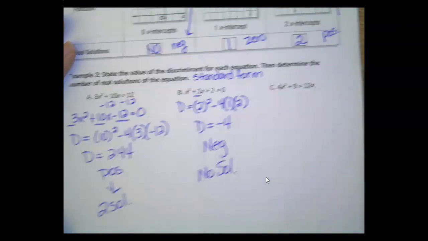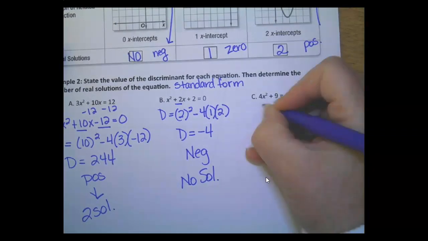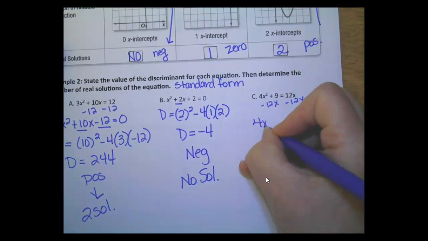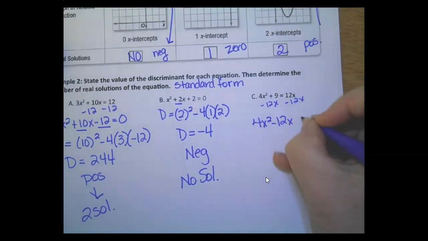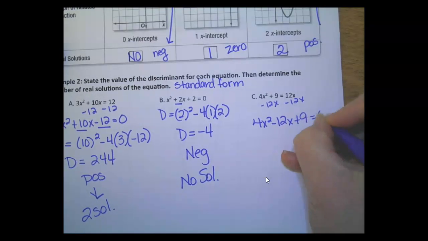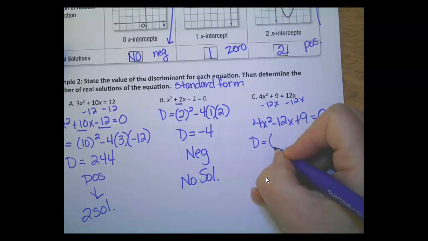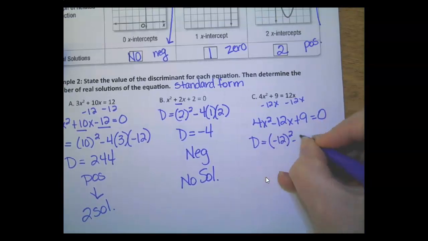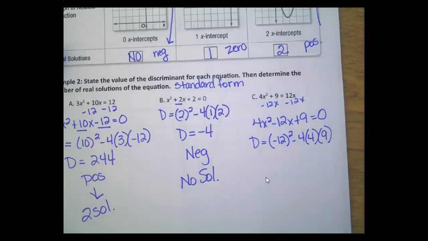And the last one, again, we need to make it in standard form, so minus 12x minus 12x. Make sure this is 4x squared minus 12x. That 12x needs to be in the middle. It's a negative. Plus 9 equals 0. Okay, my discriminant is equal to my b, negative 12 squared minus 4 times my a, which is 4, and my c, which is 9.